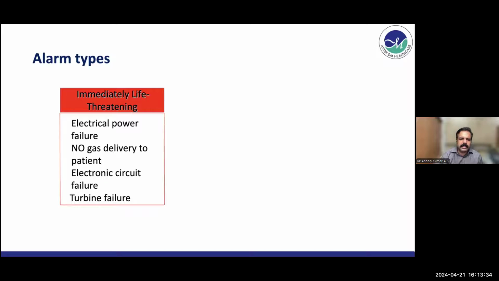Then there is no gas delivery to the patient. Sometimes there may be a disconnection of the oxygen that can produce this decreased gas delivery. Or if the central oxygen pressure is low, the FiO2 you set may not be delivered, and again it will ring the alarm in the ventilator.